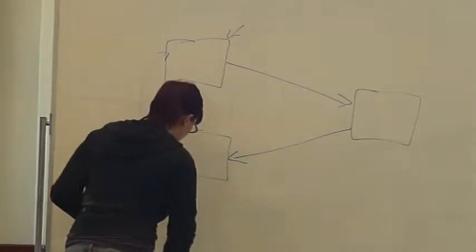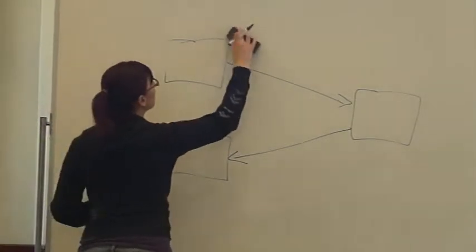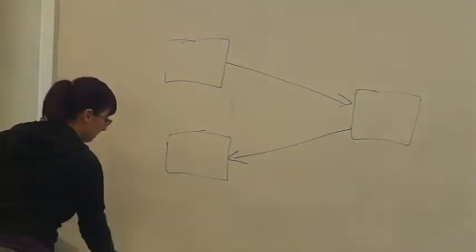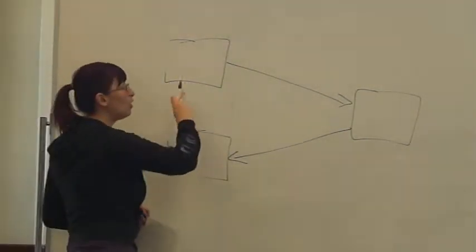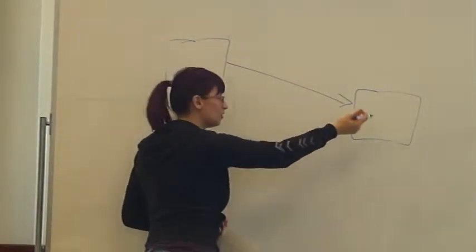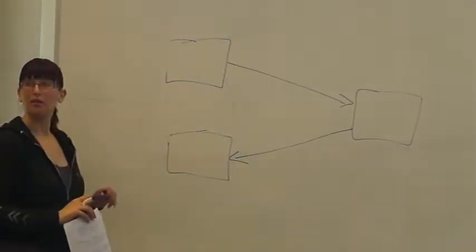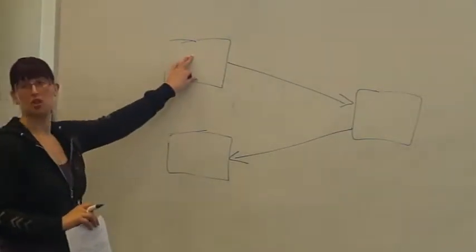Now this one, with an arrow going to it, would be your endogenous variable. An arrow going away from it, this would be your exogenous variable.